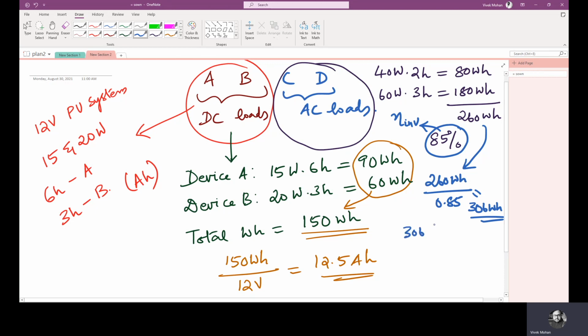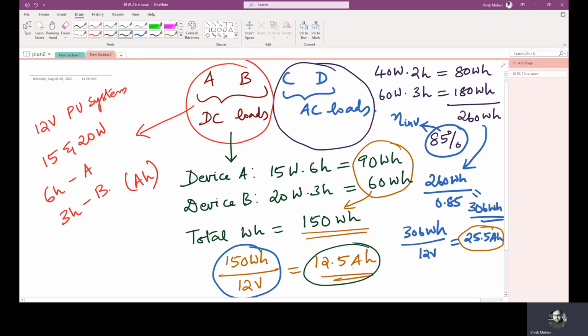That is 306 watt hours, the same thing, divided by 12 volt, which will give you 25.5 Ah. Okay, so both we have found out now. For the DC loads and AC loads, we have found the ampere hours 12.5 and 25.5 Ah.